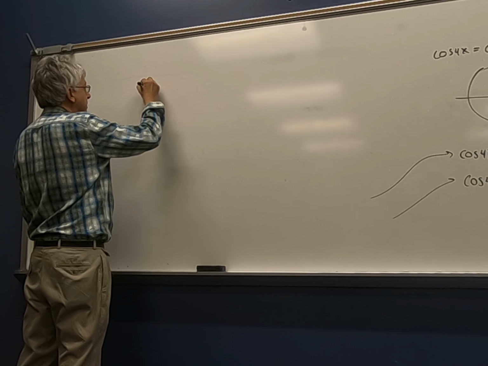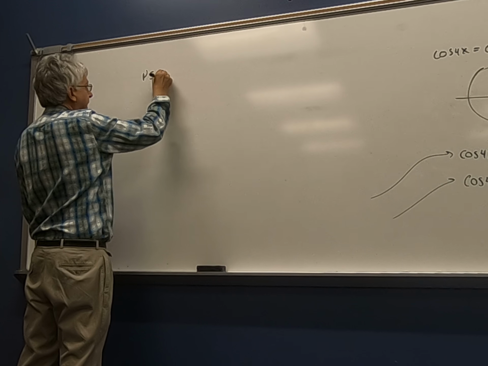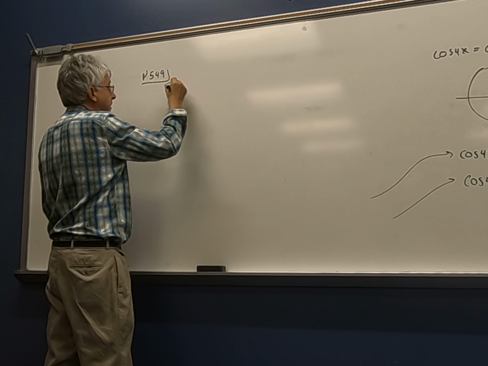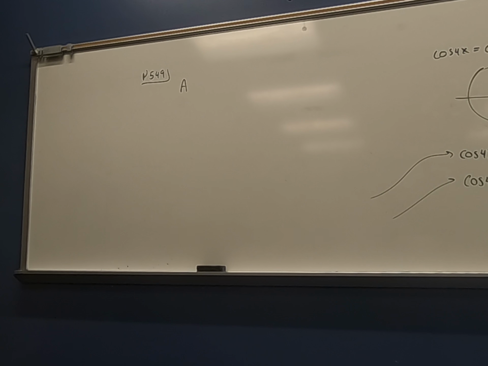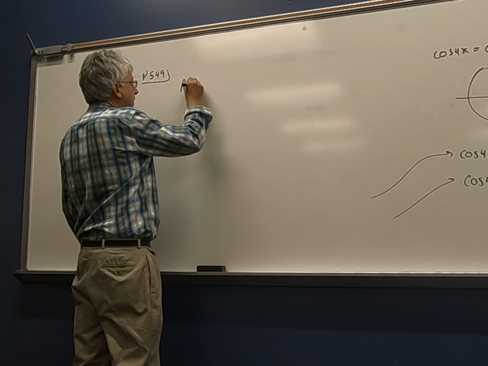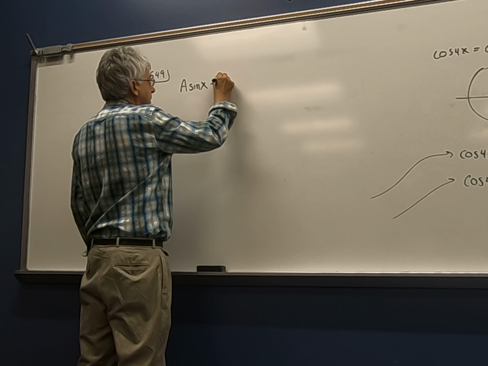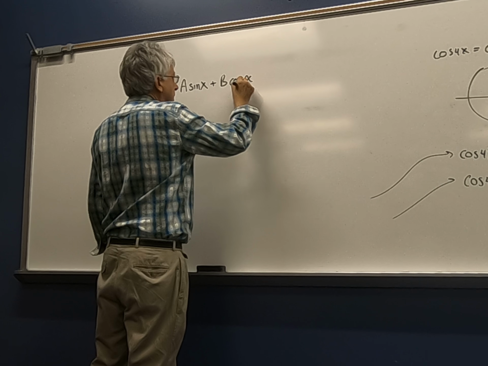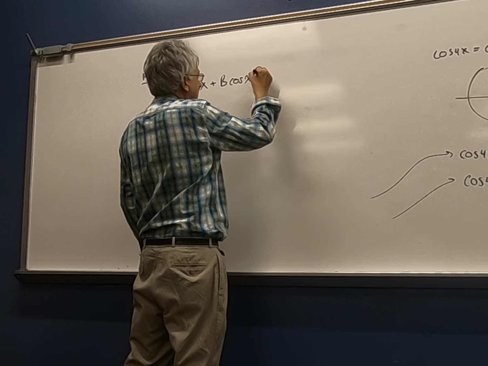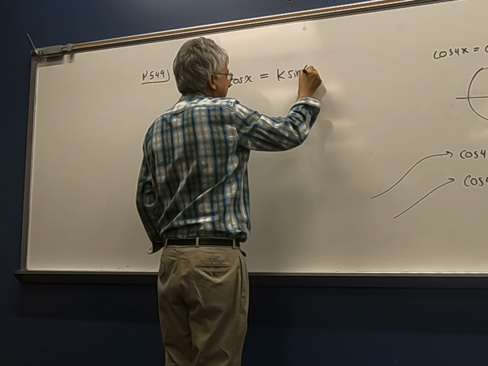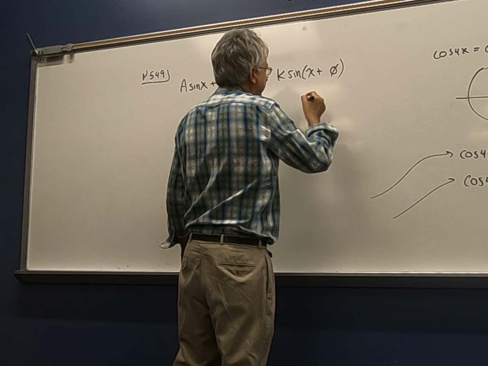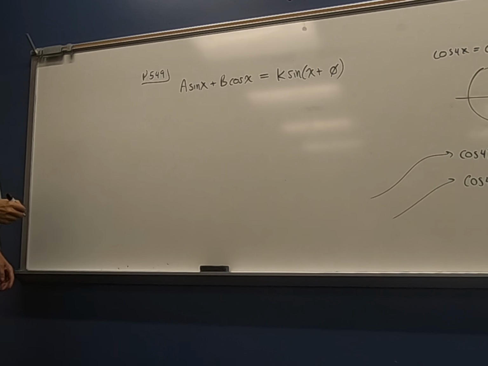So on page 549, we find this identity, that if you have A sine x plus B cosine x, that's always equal to k times sine of x plus phi for some k and some phi.